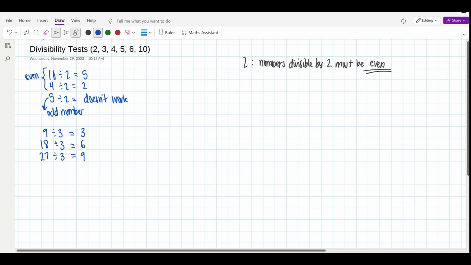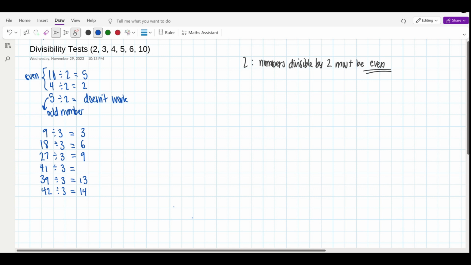Now, what about if we try 41 divided by 3? Does that work? It actually doesn't. The closest numbers we'll get is 39 divided by 3, which is 13, or 42 divided by 3, which is 14.